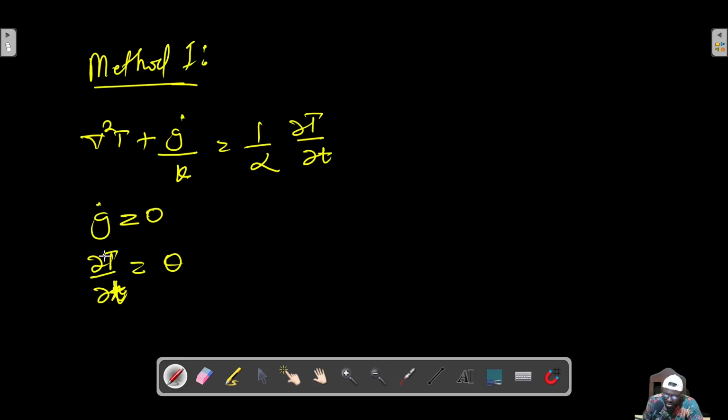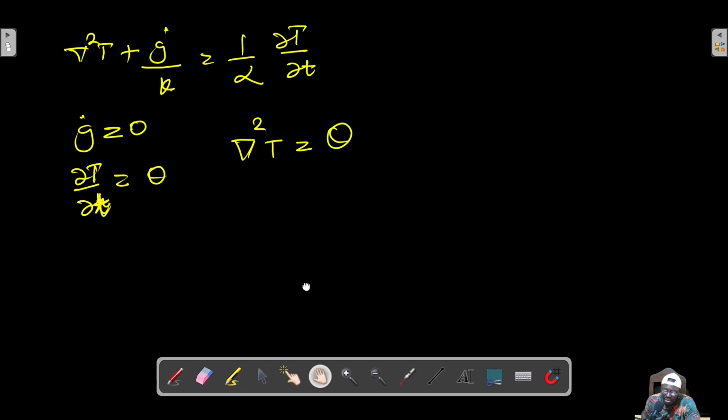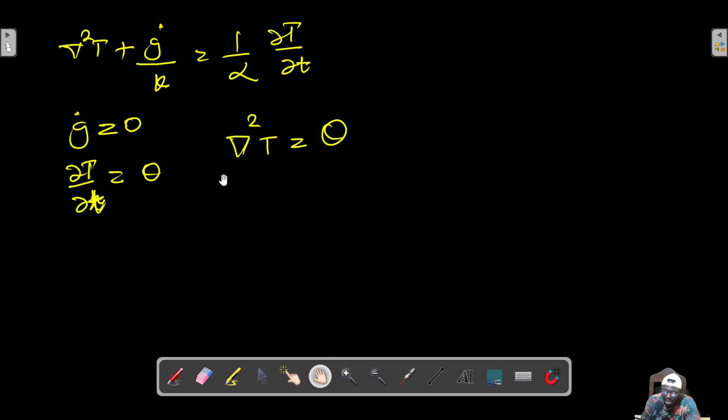So G goes to 0, and del T over del small t also goes to 0. Then what else? We are also told the material is isotropic, which you've already observed from this equation. And it is also one-dimensional flow; we'll come back to the one-dimensional flow. So our equation reduces to the Laplacian of the temperature field being equal to 0. This is a pure Laplace equation.